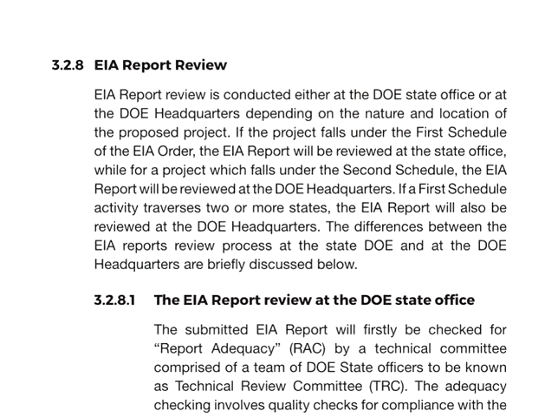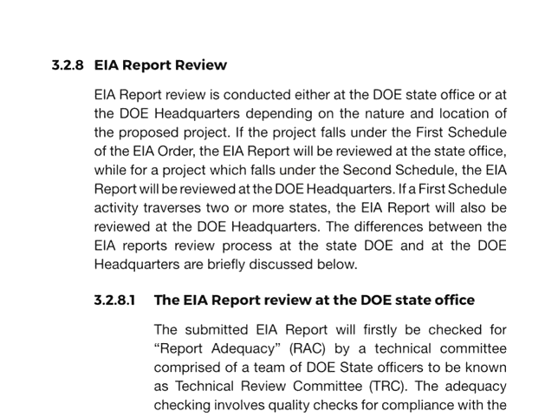If the project falls under the first schedule of the EIA order, the EIA report shall be reviewed by the State Office. Now, if the project falls under the second schedule, the EIA report will need to be reviewed by the headquarters.